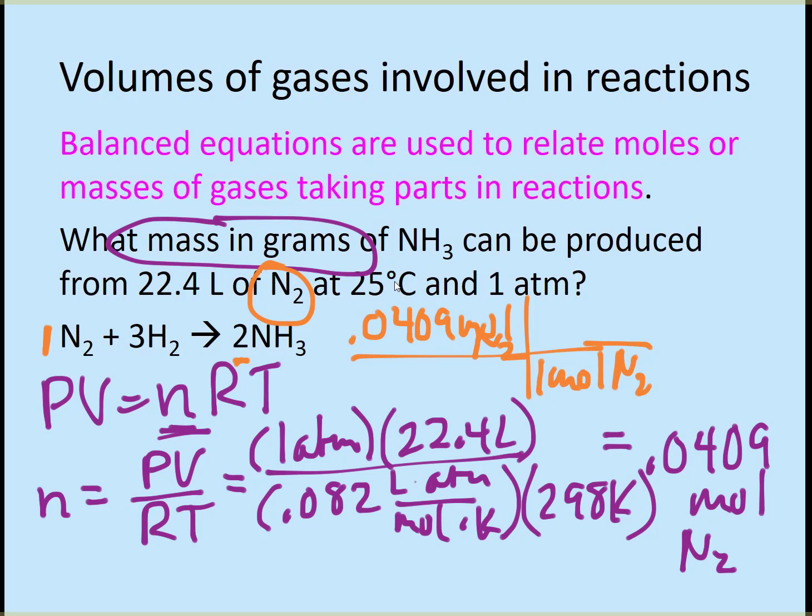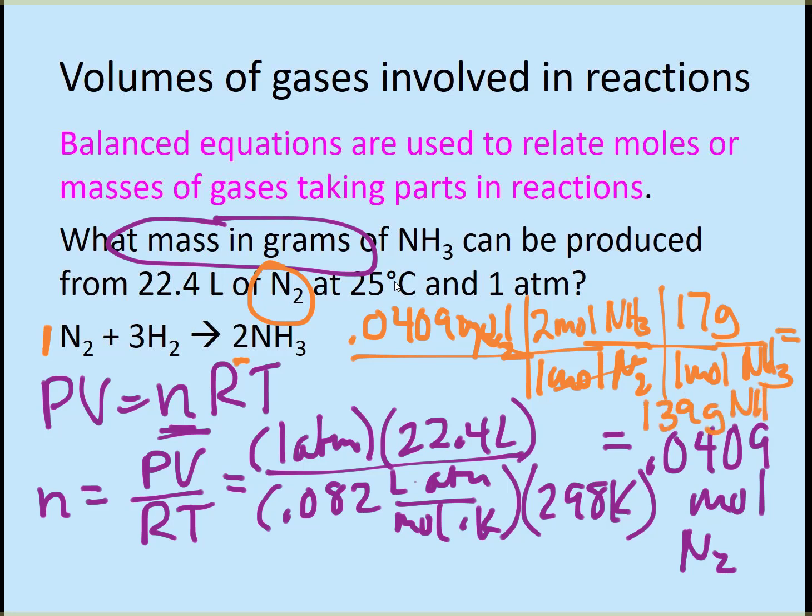So we're wondering about the ammonia, so we've got to change it to the ammonia. And moles cancels, but so does the nitrogen. So now we have ammonia, and it's just a matter of finding the molar mass of ammonia. Molar mass of ammonia is 17 grams for every 1 mole. And so when I go from moles to grams, I get 139 grams of NH3.